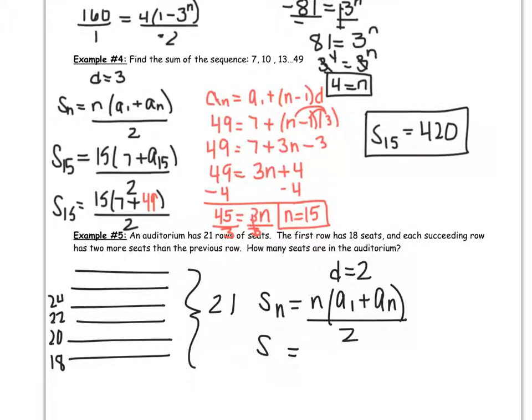N is the 21 rows, so 21. And my A sub 1, my first row, has 18, plus A sub n, A sub 21, all over 2. So in order to finish this problem, we need to know the value of that last row here. That has 21, the 21st row. How many seats would it have?